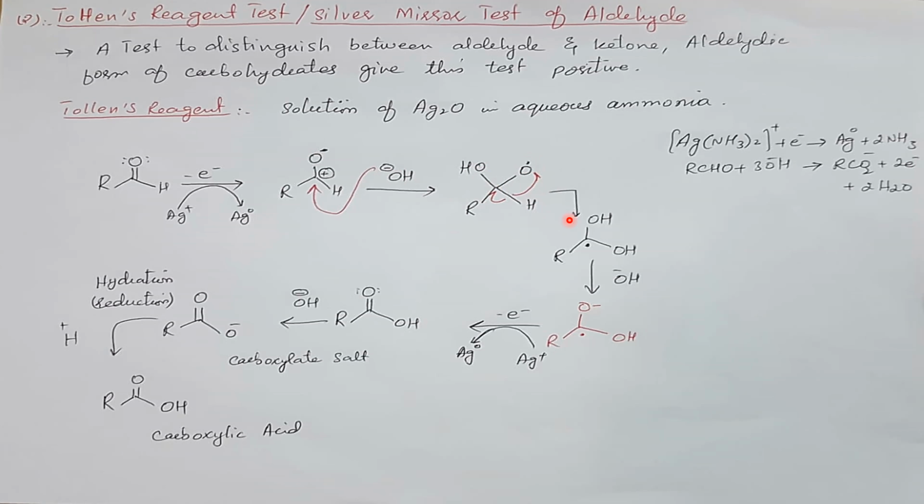Now the next change to this intermediate is that it will rearrange to its stable form, because this O radical is very reactive and it has to go for a more stable form. This oxygen radical anion is not as stable as we can go for the carbon anion, right?